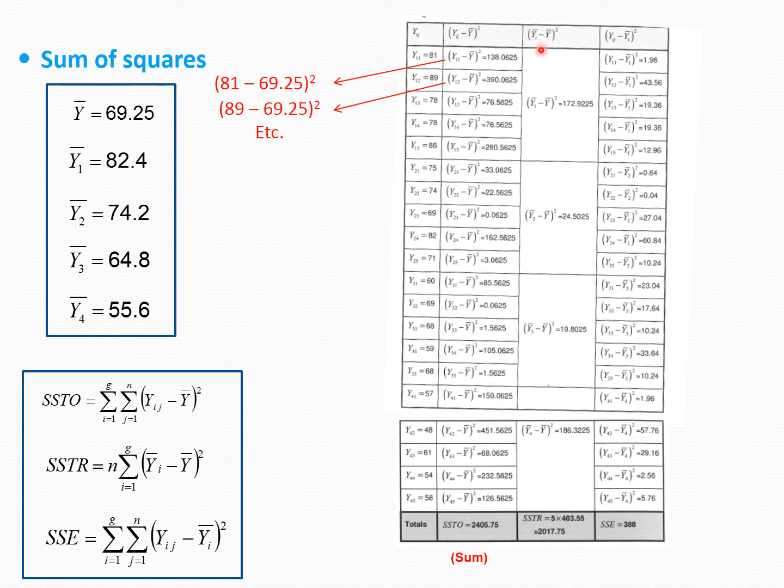So for the first 5 observations for group 1, you will use that group mean of 82.4. So you take the 82.4 minus your overall group mean, which was 69.25, and you square that value.